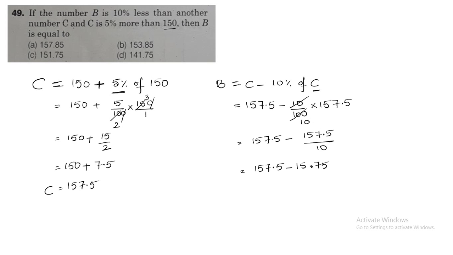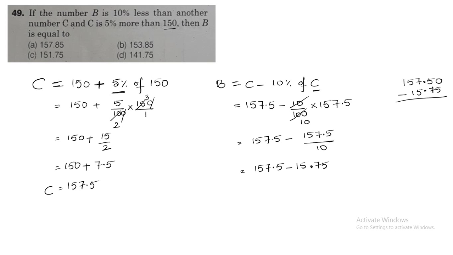Now here we will be learning decimal subtraction. So how will you do subtraction? The decimal point should coincide. So if I take the decimal point here, then I can write 75 here. Next here it is 15. Whenever you don't have anything, that means it is 0.